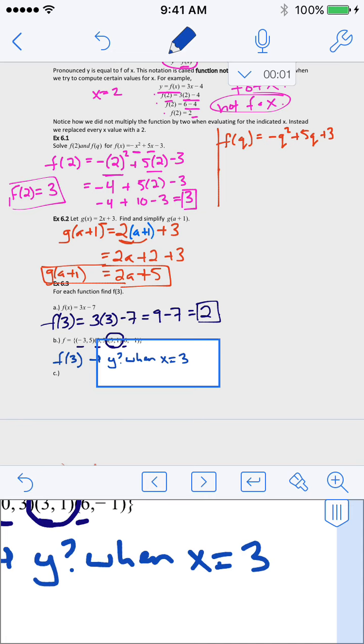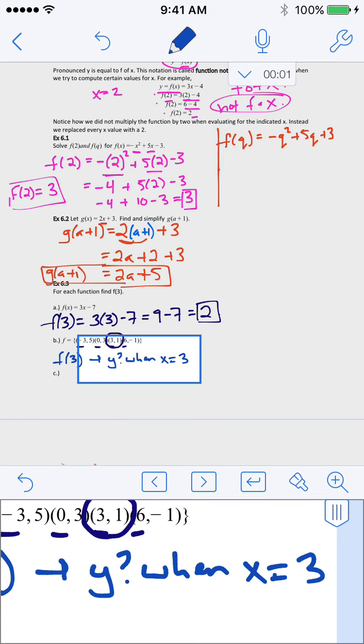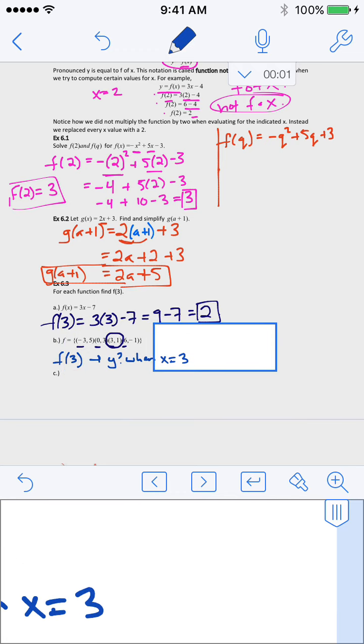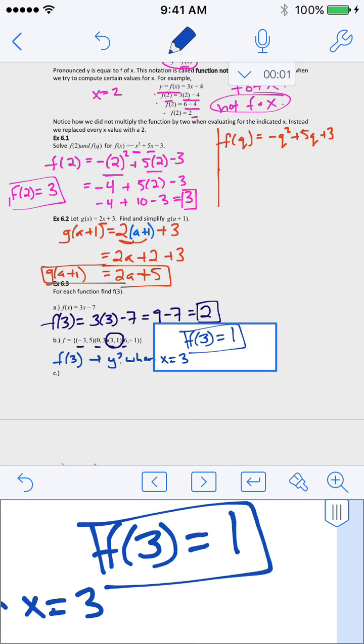When x is negative 2, y is such and such, right? And we would have a value for it. Y is 0, y is 5, whatever it is. And then we would look at if we had any doubles. We're doing the same thing here. It's asking the same question. What is y when x is 3? What is f when x is 3? And we look at this ordered pair and we say that when x is 3, in other words, f of 3, then y is 1. Or in other words, f of 3 is 1.